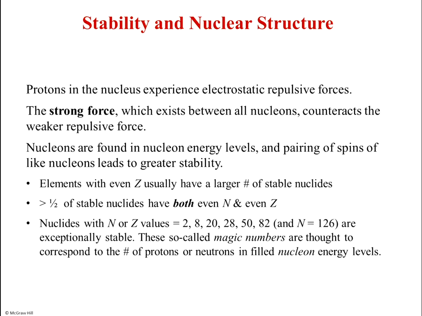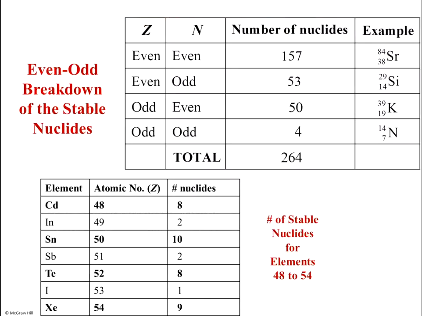Now here's an odd-even breakdown of our stable nuclides. The table on the top shows the number of stable nuclides that exist. If we have an even number of protons and an even number of neutrons, there are 157 different nuclides that are stable. If we have an even number of protons and an odd number of neutrons, there are 53 nuclides that are stable.